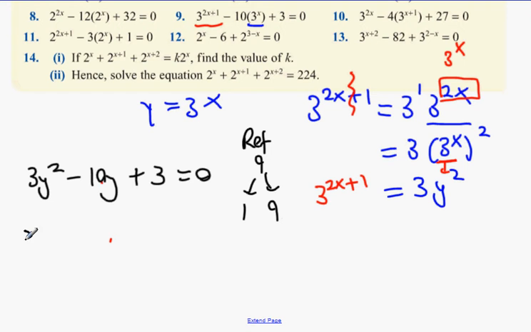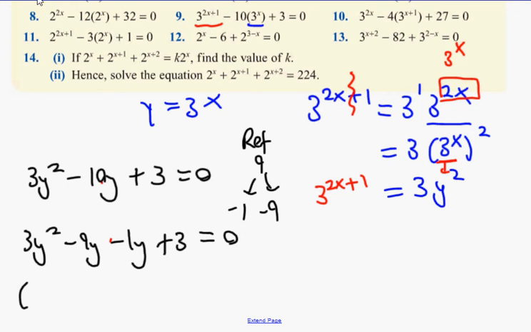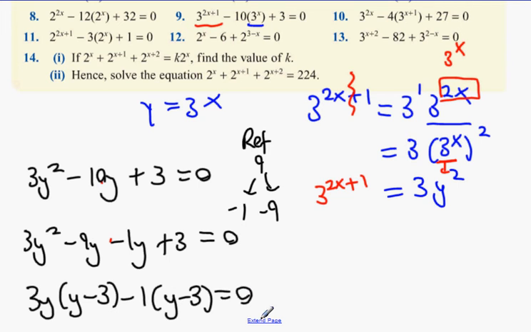Alright, so I'm going to go 3y squared, oh yes, minus 1 minus 9, yeah. Minus 9y minus 1y plus 3 equals 0. Then we take out 3y. And we get 3y bracket y minus 3 minus 1 bracket y minus 3 equals 0.